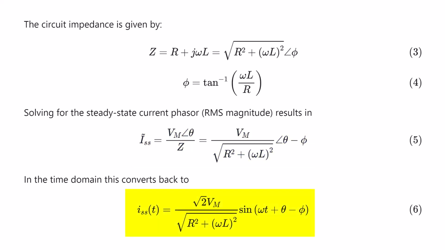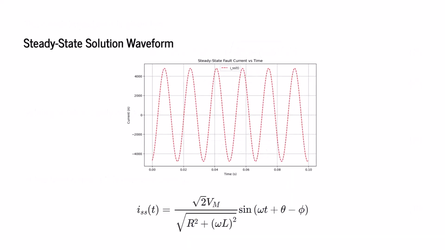Finally, we convert the phasor current to the time domain by multiplying the magnitude by the square root of 2 and then converting the angle portion into a sinusoid which has an argument of omega t plus theta minus phi. This plot shows an example steady state fault current.